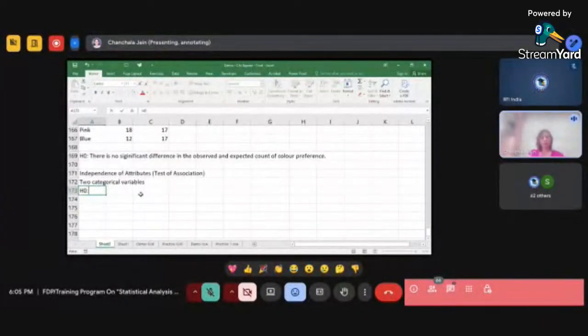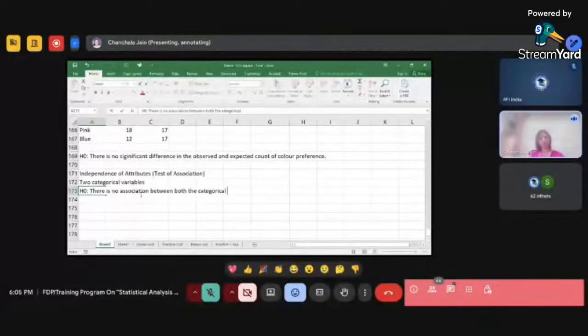So my null hypothesis will be: there is no association between both the categorical variables.